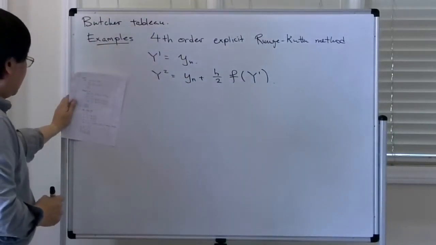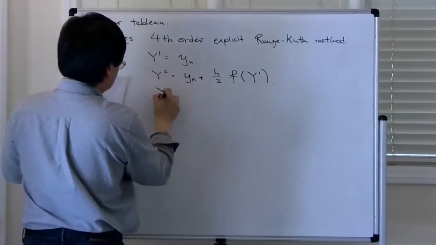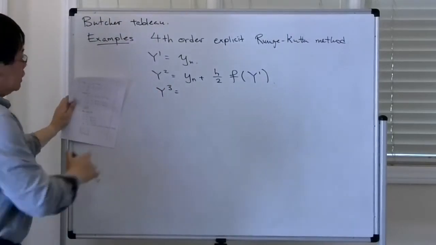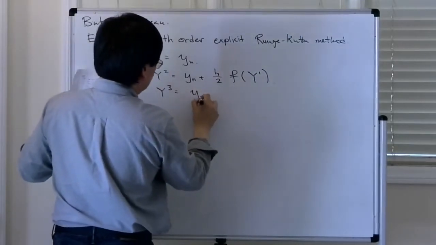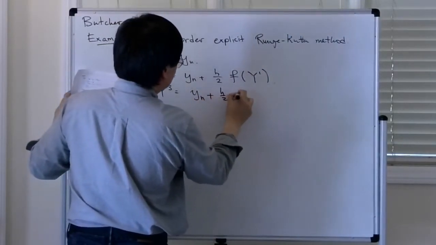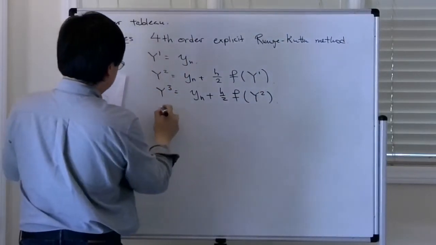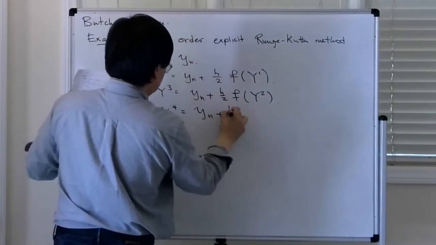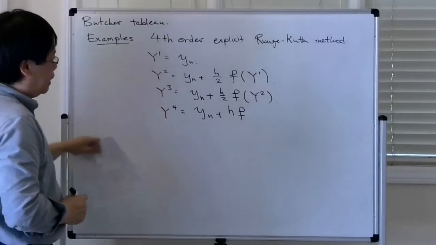And the third stage also involves a half Euler step, but using the vector field from y2, so this is yn plus h over 2 f evaluated at y2. And then the fourth stage, y4, is a full step of the vector field evaluated at the point y3.